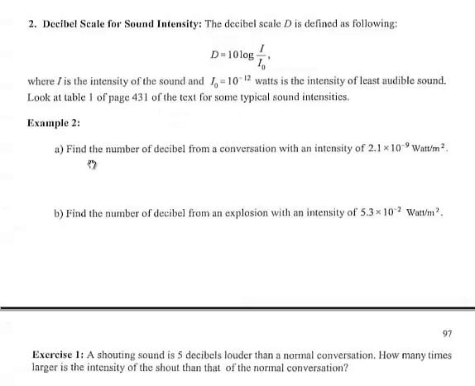So in example 2, it says find the number of decibels from a conversation with an intensity of 2.1 times 10 to the negative 9 watts per meter squared. Watts is a measure of power, and meter squared is a measure of area.